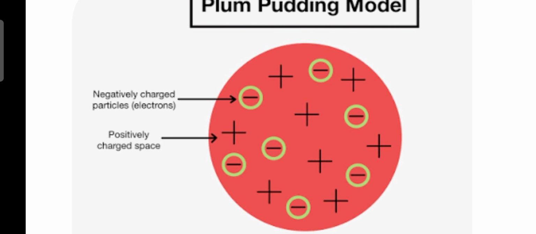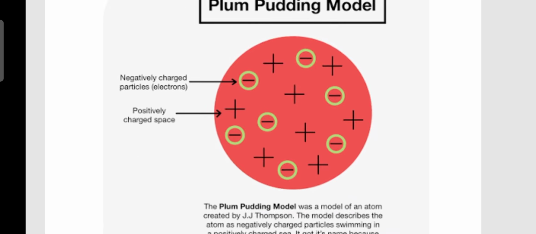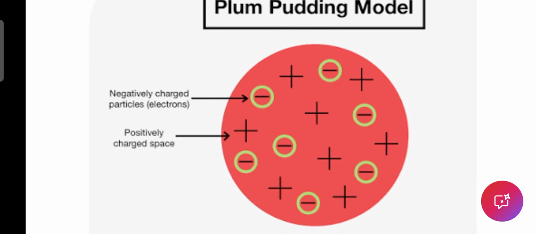You have to write the minus charges and plus charges, and the minus charges must be equal to the plus charges. Here 7 minus charges are there and 7 plus charges are there. Negatively charged particles, that is electrons, and positively charged spaces, that is later found out as the proton.